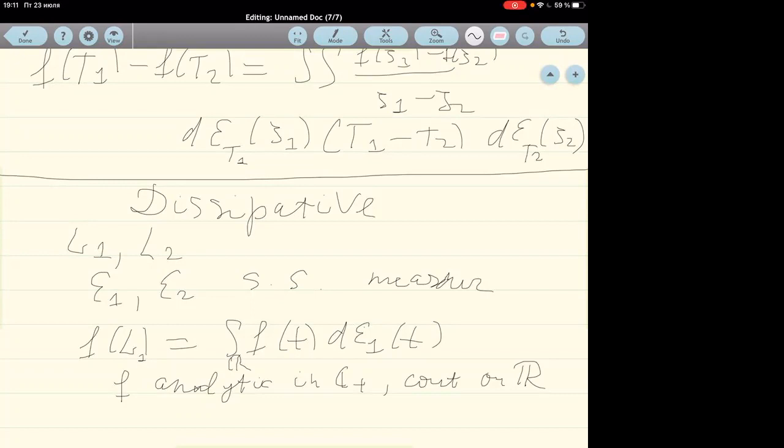How to get it? We just take the Cayley transform, we get a contraction, and then we consider its semispectral measure on the unit circle, and then we use the conformal map omega to transfer the semispectral measure from the unit circle to the real line, and we get the semispectral measure of the dissipative operator. So each dissipative operator has a unique semispectral measure on the real line.